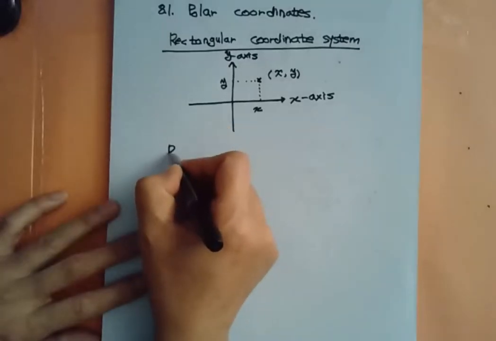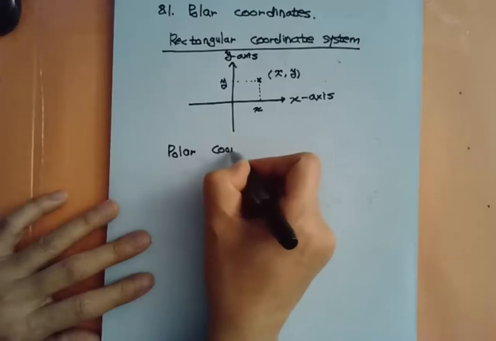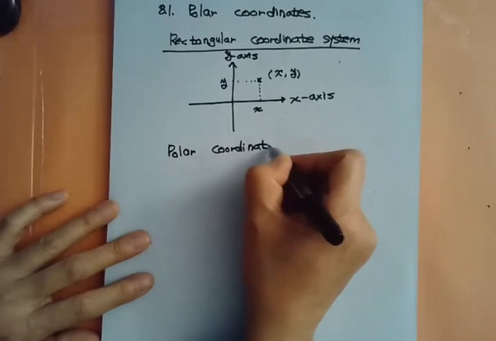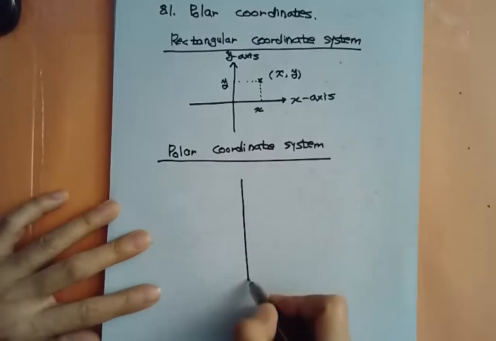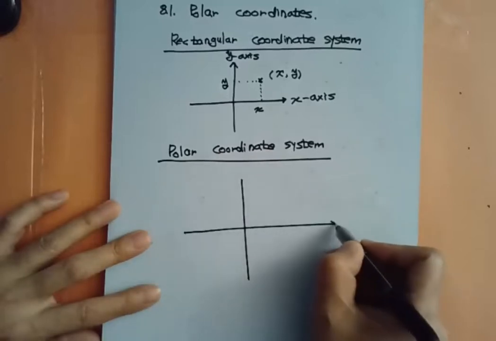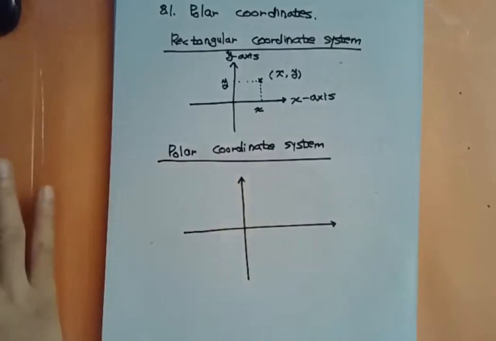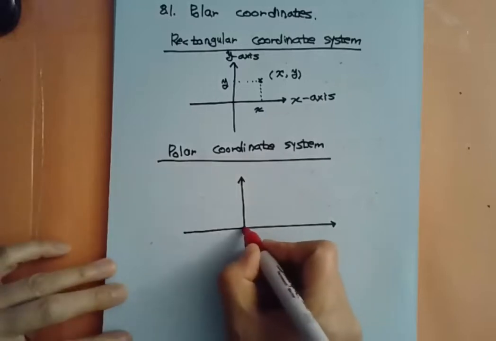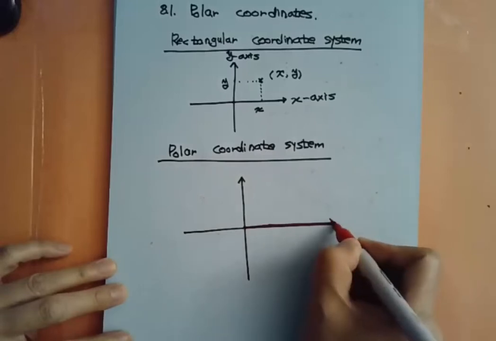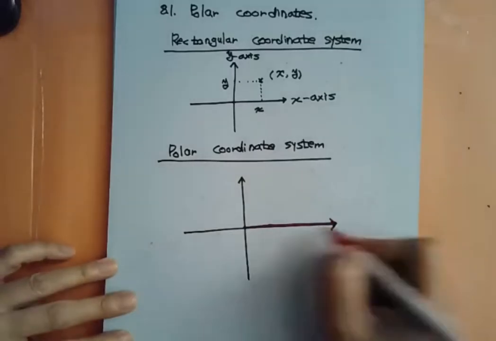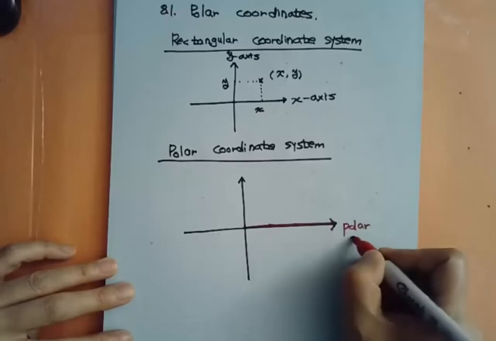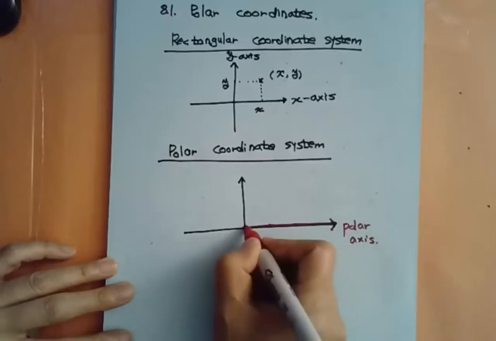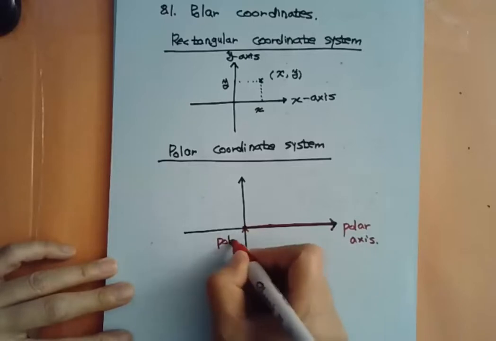In the polar coordinate system, when we embed the polar coordinate system in the rectangular coordinate system, the right part of the x-axis is identified as the polar axis, and the origin is called the pole.